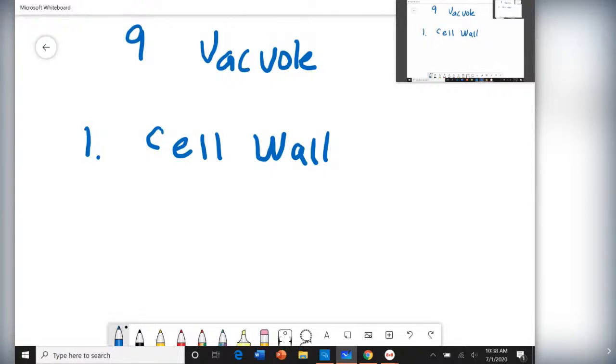Number 2, this is a structure that stores water and helps keep the plant from wilting. That's going to be the vacuole. Okay, number 3. This is the structure that contains chlorophyll, giving the plant its green color and traps energy from the sunlight. And that would be chloroplast.